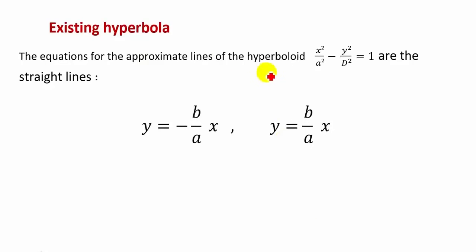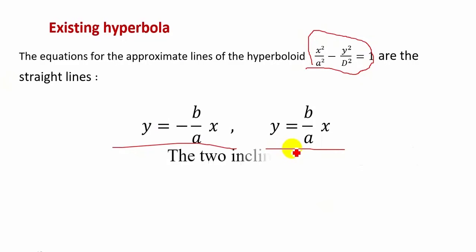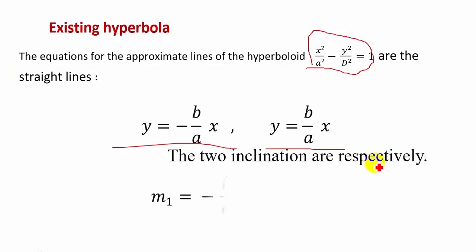Finally, regarding the hyperbola, what we have here generally, the general equation are straight lines, and both straight lines have these equations. The two inclinations are respectively the slopes, first slope that one and second slope that one.